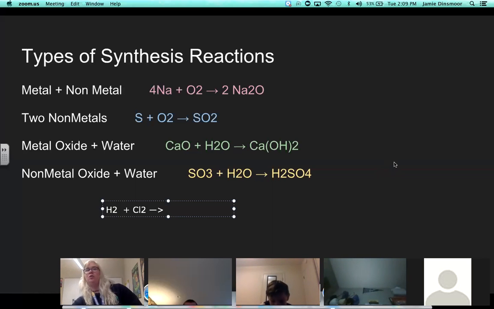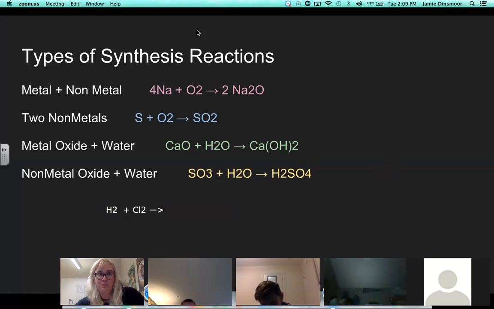Logan's saying H2Cl2, that's a good guess. But let's think about our bonding. What is our charge on a hydrogen? +1. Hydrogen would be +1. And chlorine would be what? Chlorine would be -1. So do they need any subscripts to bond?